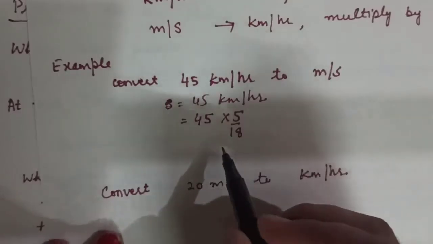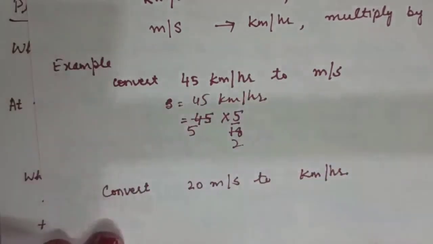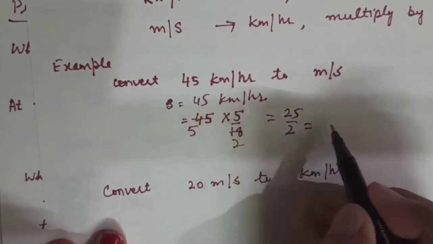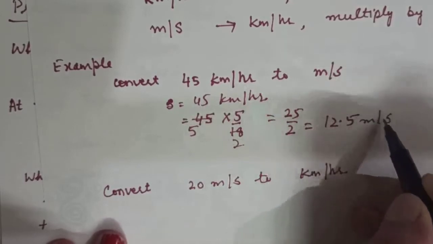So 9 2s are 18, 9 5s are 45, and here we get 5 into 5, 25 on 2, which means 12.5 meter per second.